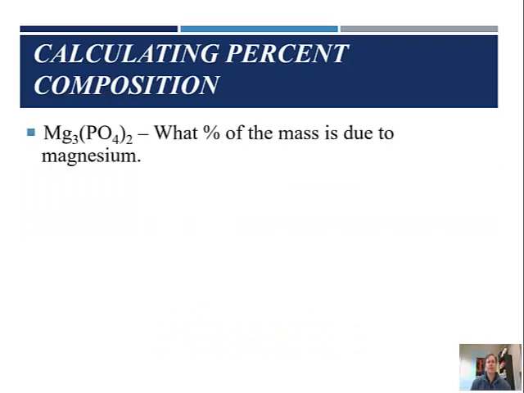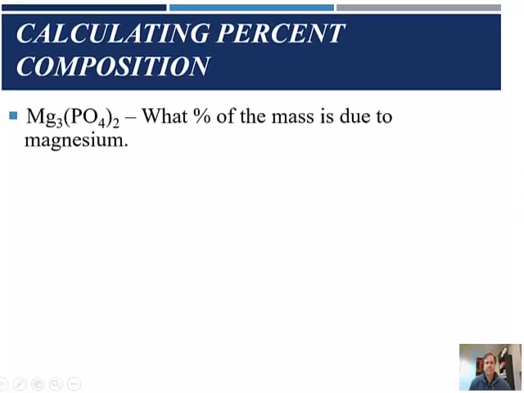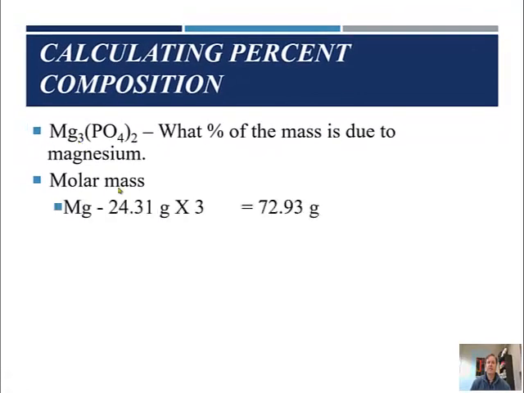Let's go ahead and take a look at that magnesium phosphate. So our question was what percent of the mass is due to magnesium? Well, luckily we already were given the formula, so we already know that. But now first thing we have to do is figure out the molar mass. So when we do this, we look at our subscripts. Well, we know that we have 3 magnesiums. Okay, and if we look up magnesium on our periodic table, it has a molar mass of 24.31 grams.